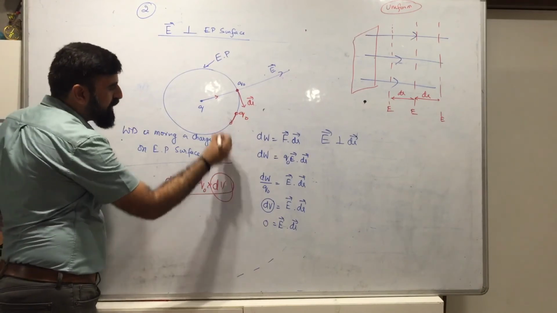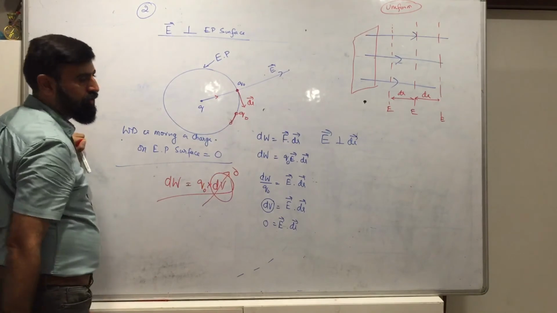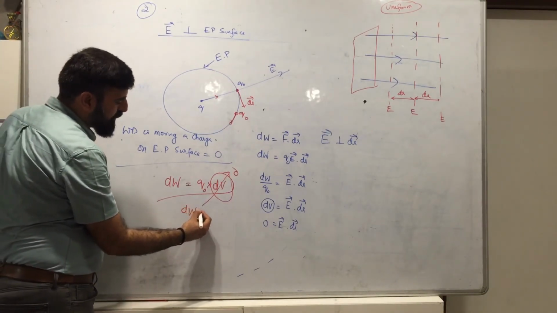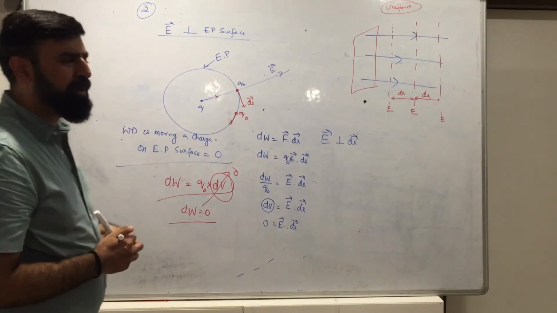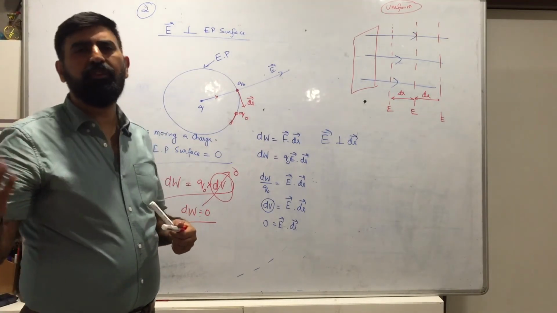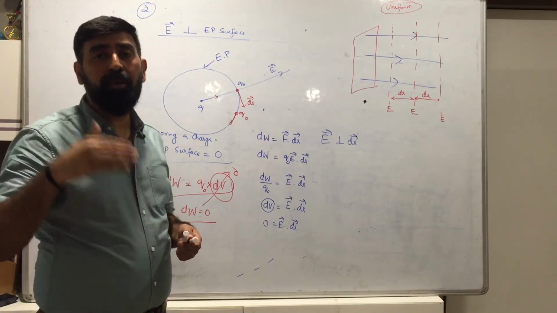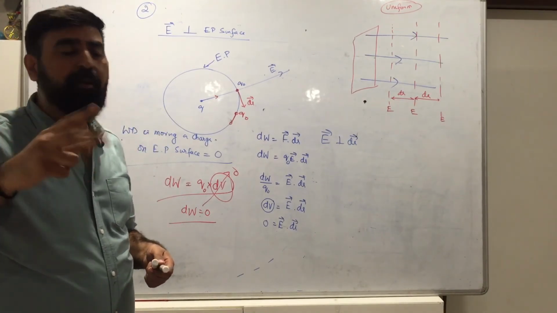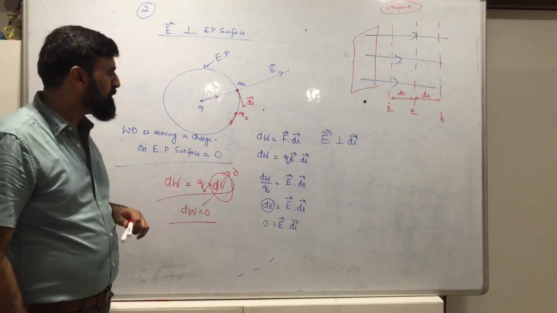But what is dV on the EP surface? Again, for an EP surface, dV is equal to 0. So dV is 0, that means work done is equal to 0. Work done in moving a test charge or any other charge on the EP surface is 0, because the potential at every point is the same. Potential difference multiplied by charge will give you work done, isn't it?